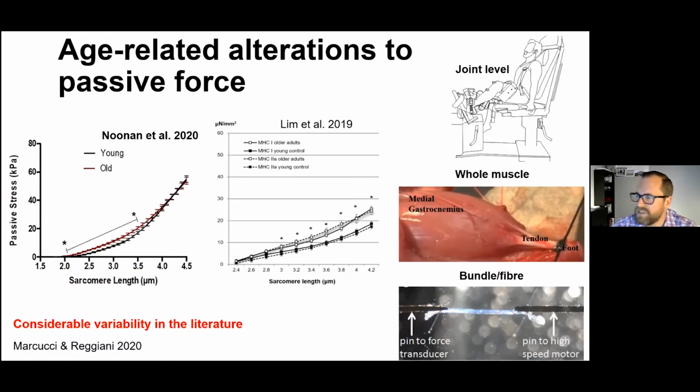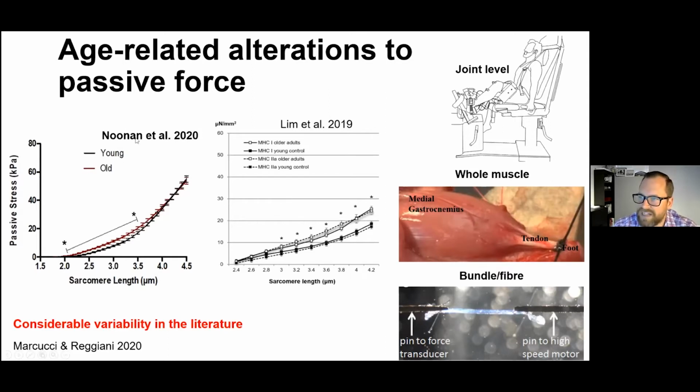But one example I'll point out regarding the variability is two studies on skinned single fibers. One from Lim in 2019 out of Frontiera's group showed that there was an increased passive tension in a length-dependent manner for old as compared with young single fibers, and this was consistent across fiber type.